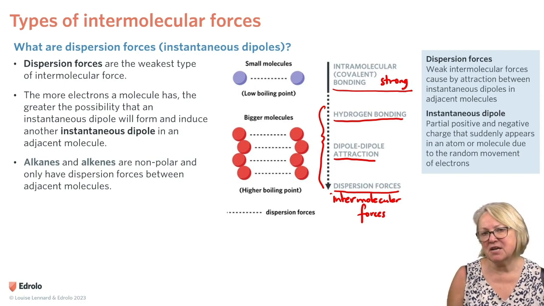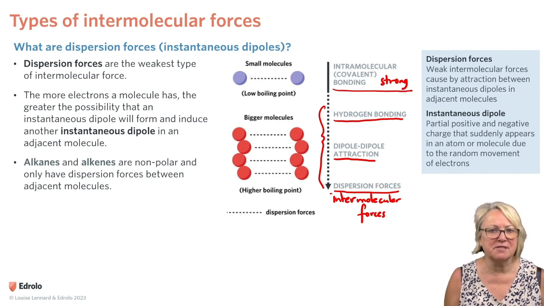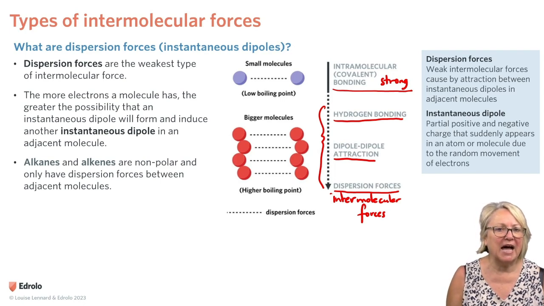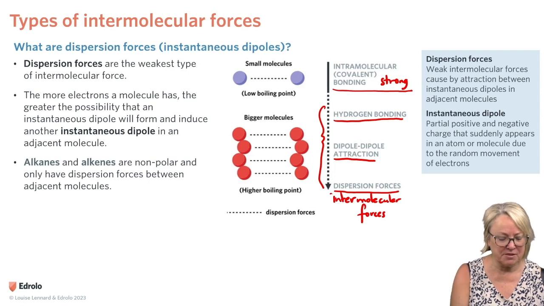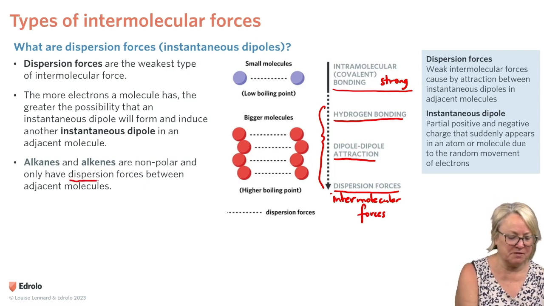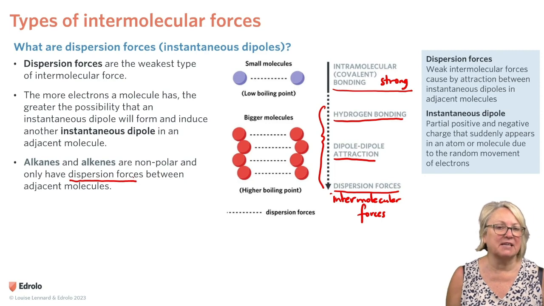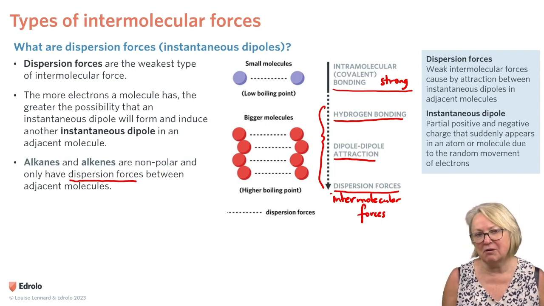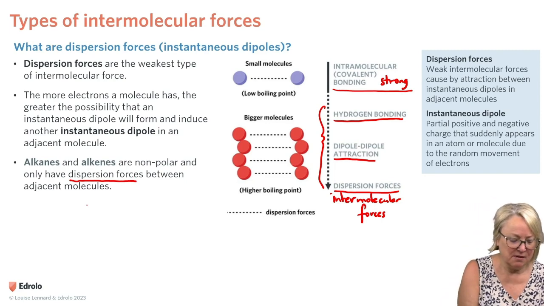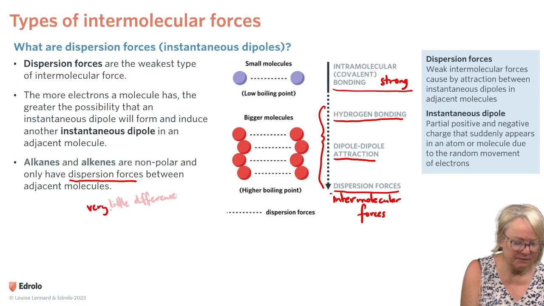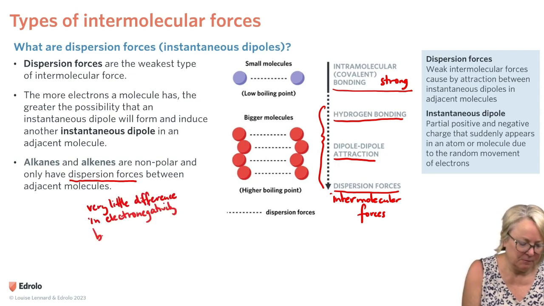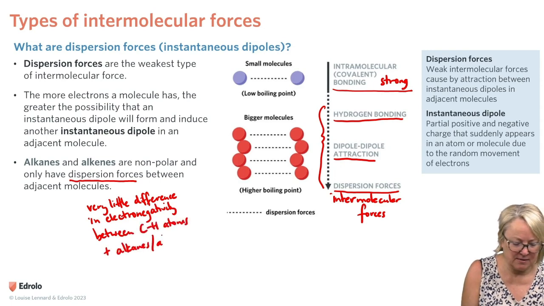Now, the only types of intermolecular forces between alkanes and alkene molecules are dispersion forces, because alkanes and alkenes are nonpolar for two reasons. There's very little difference in electronegativity between carbon and hydrogen atoms, and alkanes and alkenes are quite symmetrical.